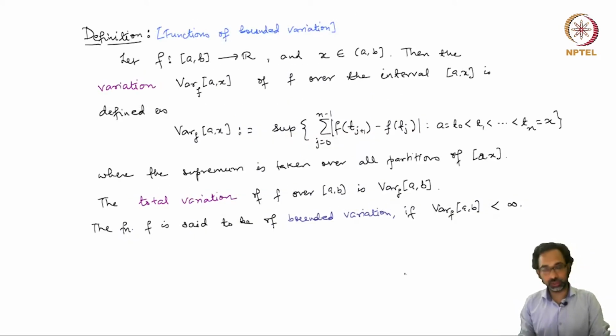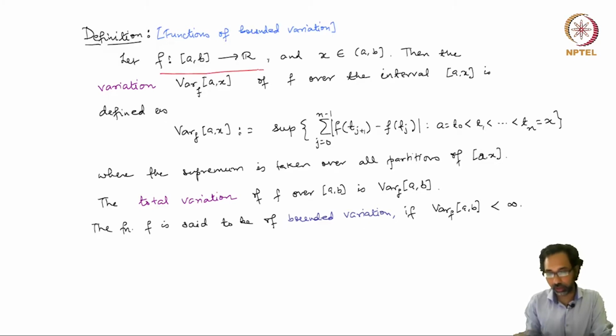So here's the definition of the functions of bounded variation. If you consider a real valued function on a finite interval a b, and pick a point x between a and b, a excluded and b included, then we define the variation, which we denote by var f a x, of f over the interval a x.